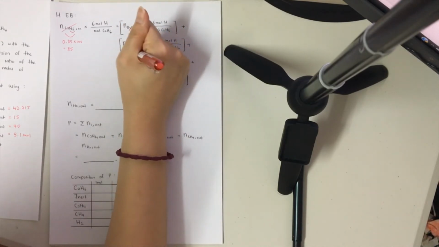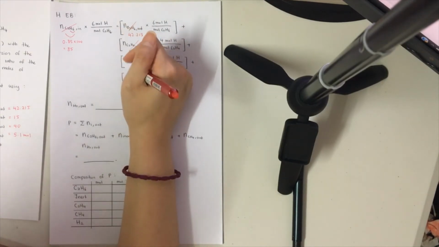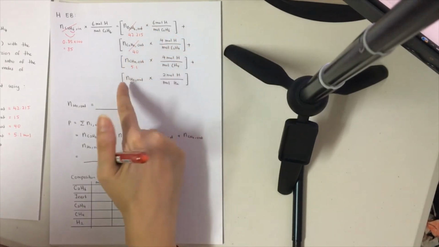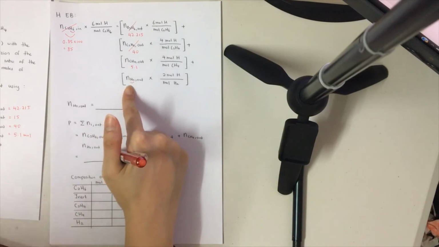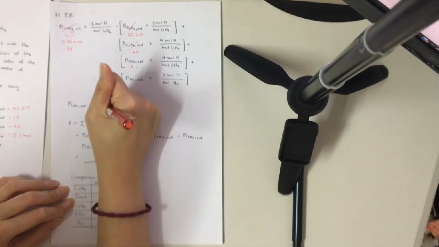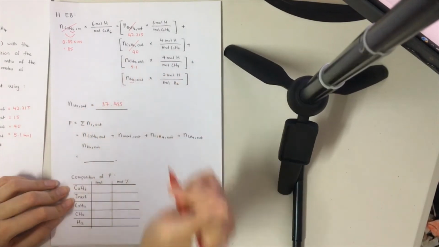This one here is 40. CH4 we have found previously from the C element balance, you get 5.1. So all you're left with is this, and we found that the number of hydrogen coming out is 37.485.